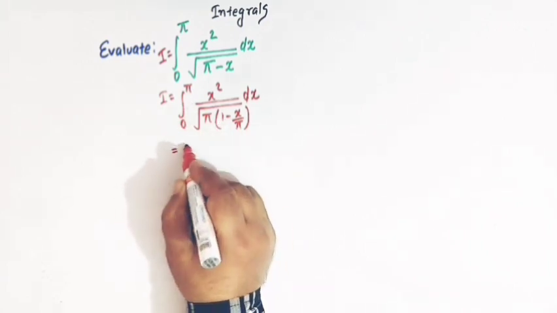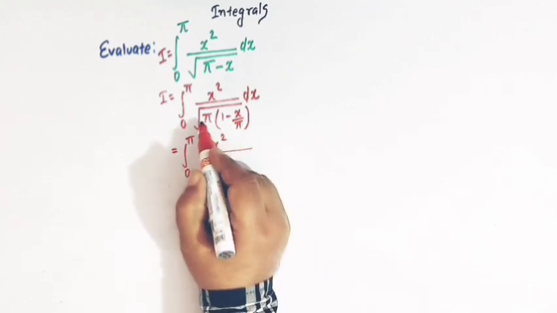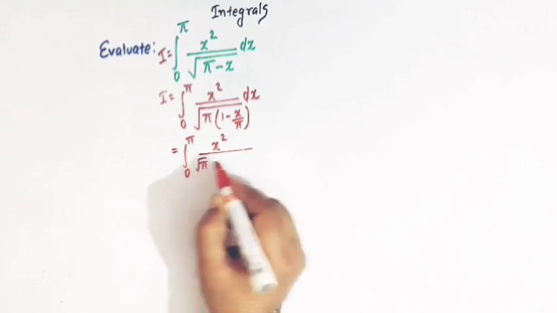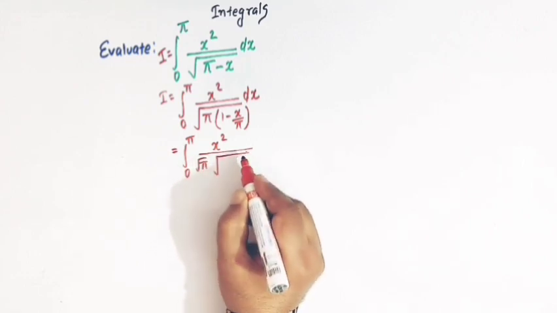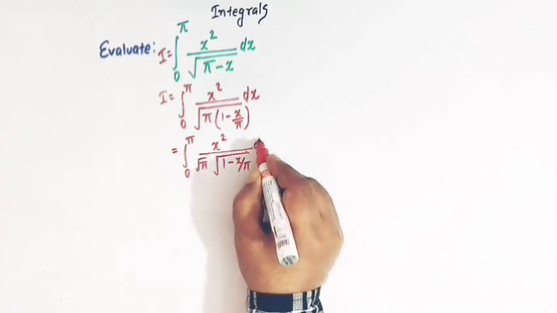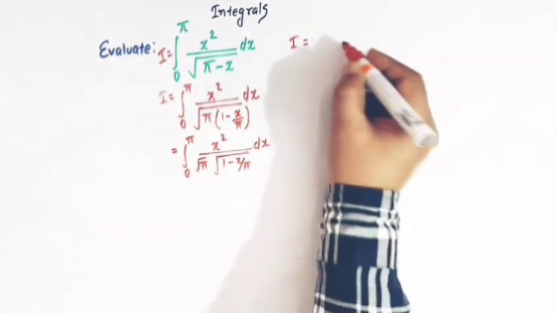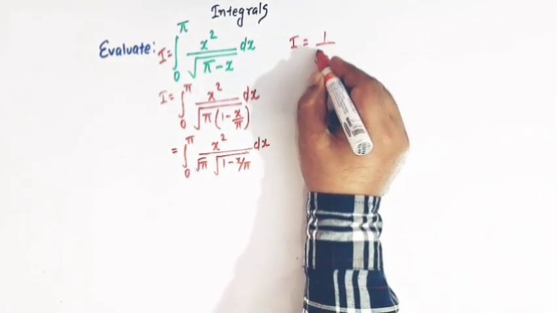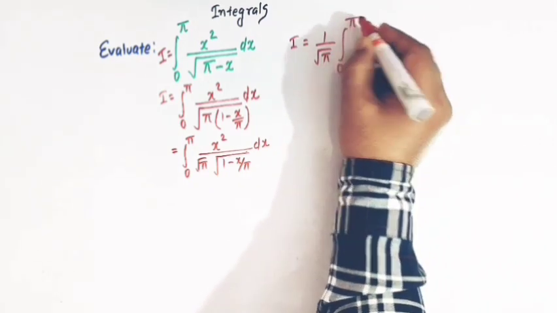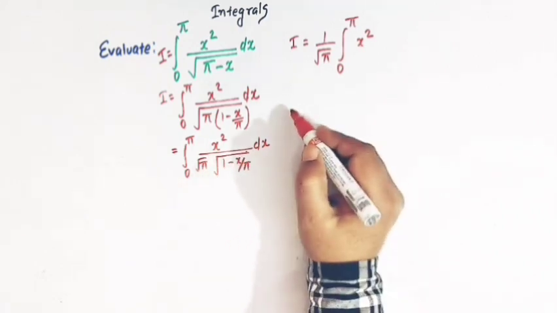So now we can write it as 0 to pi, here we have x square, and we can take square root of pi like this, and then we have square root of 1 minus x over pi, right? Okay, now let us rewrite this integral as 1 over square root of pi, and then we have 0 to pi and x square, and let us take this term to the numerator.